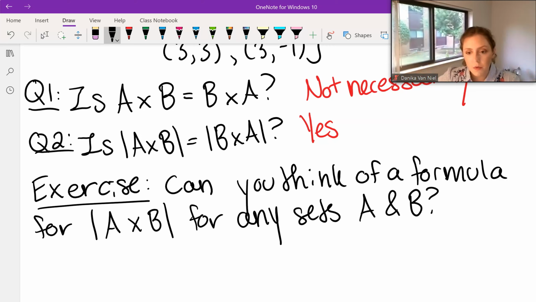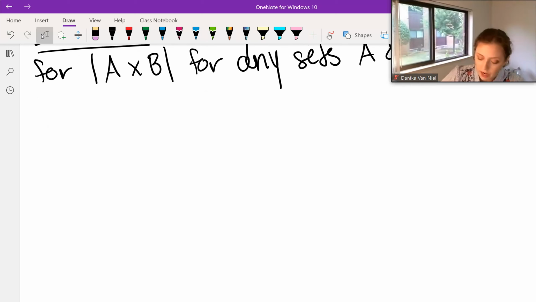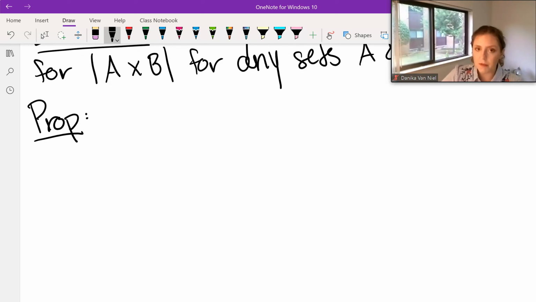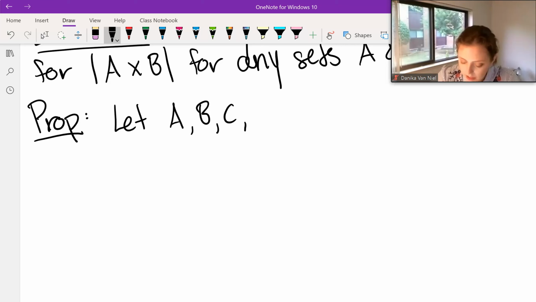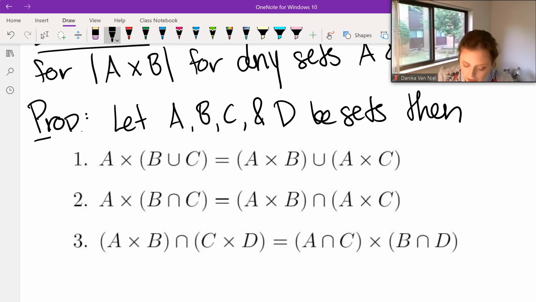Okay, so now we're going to have a proposition like we had last video, but this one is very short. Prop is my short for proposition. Let A, B, C, and D be sets. Then first off, A cross (B union C) is the same as (A cross B) union (A cross C).